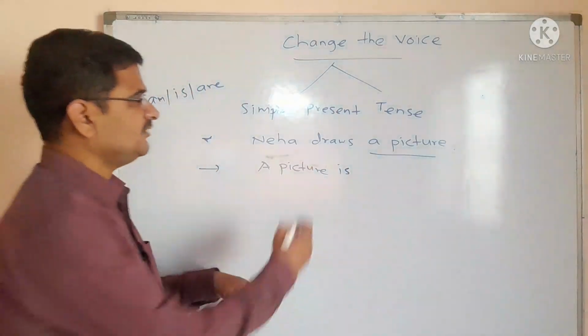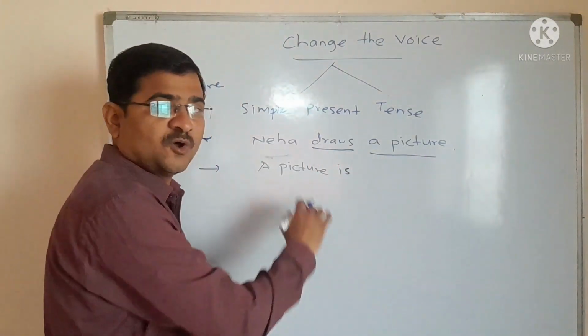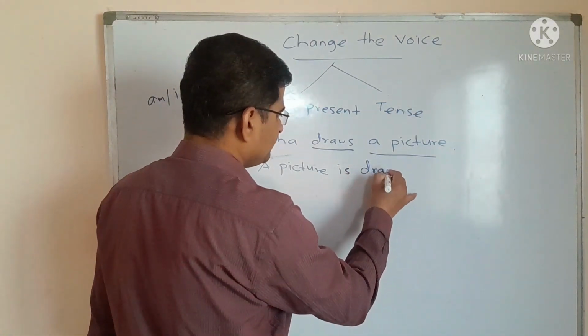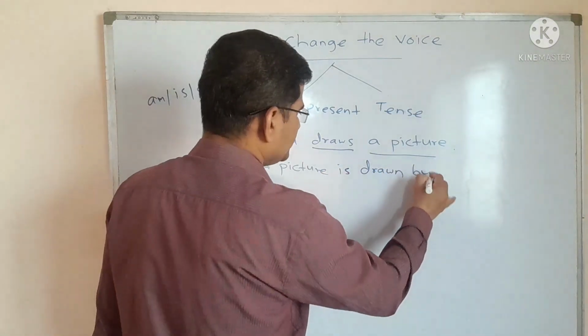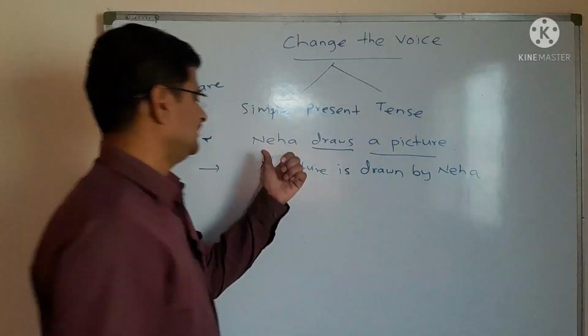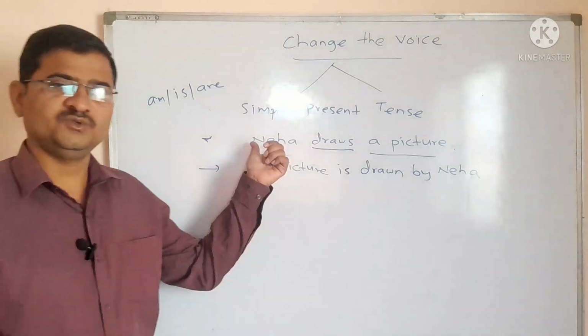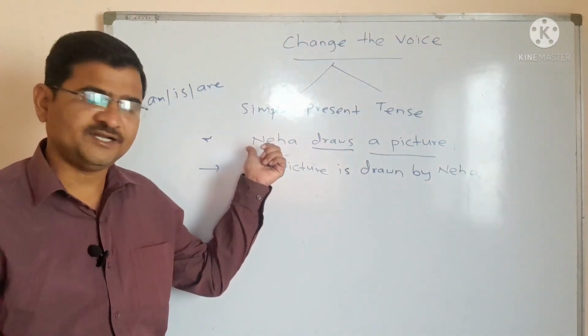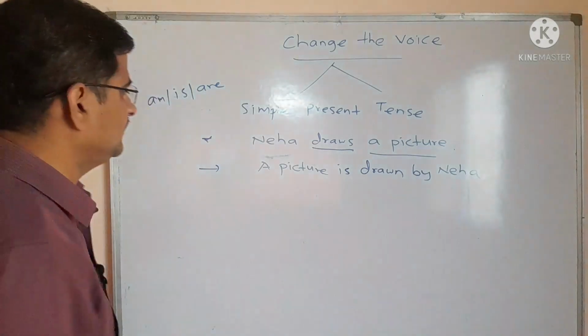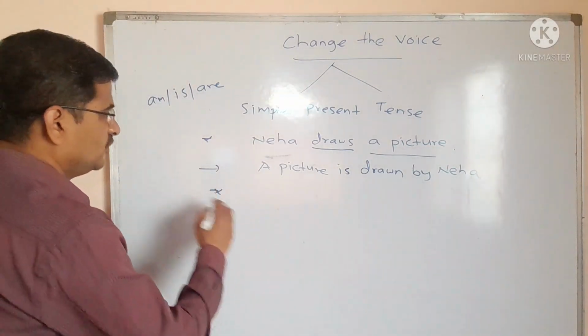After that we have to use the V3 form of draw. Draw, drew, drawn. So drawn is the V3 form, and after that we have to use by, and after that we have to use the subject of the active voice at the end in the passive voice. So very simple. We will study one more example.